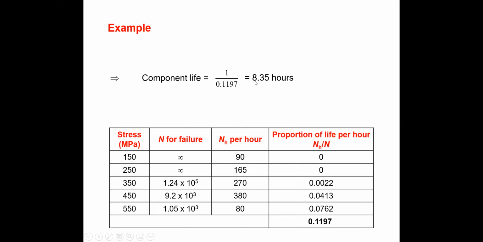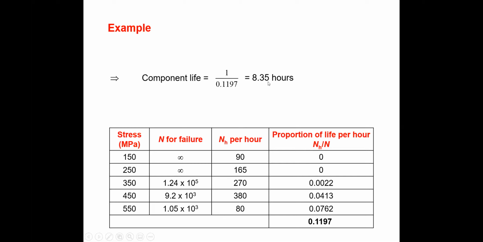So this is the total component lifetime. After 8.35 hours, that means 8 hours and 0.35 of an hour, which is around 20 minutes, or something like that. No? So then it will be around 16 minutes.